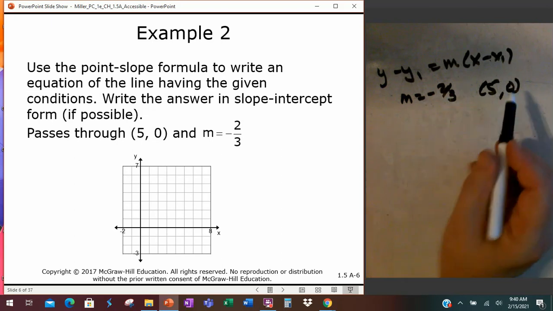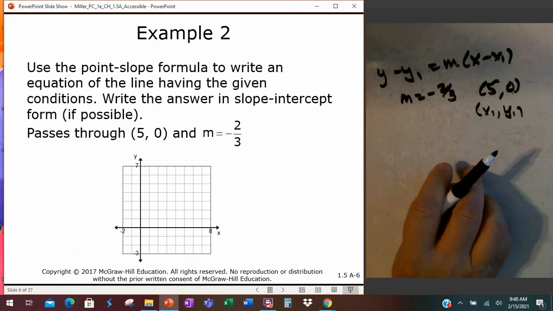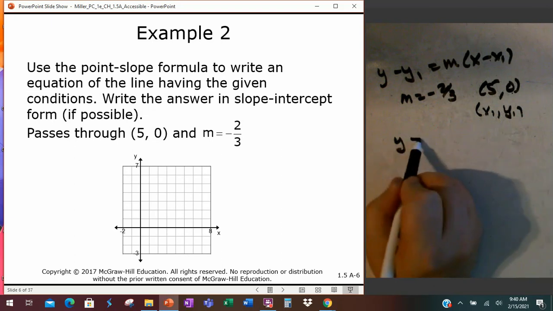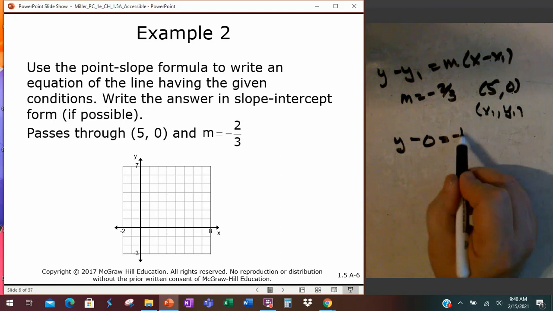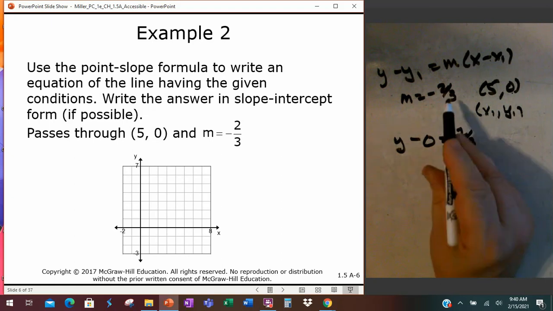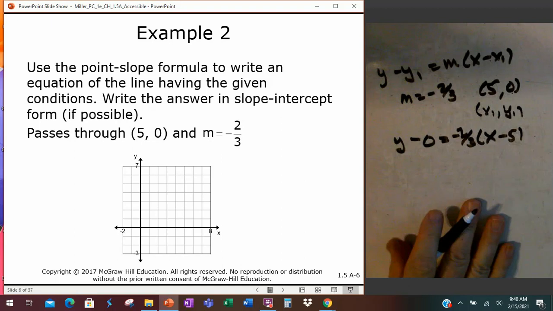Okay, so here's my x1, here's my y1, so my y minus 0 is equal to -2/3 for my m, times (x minus 5).